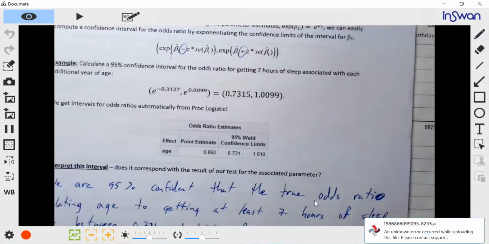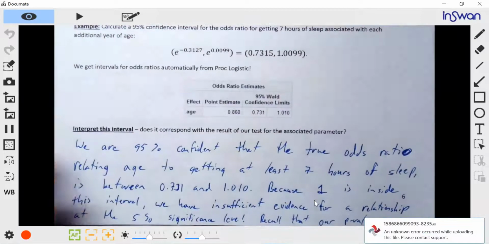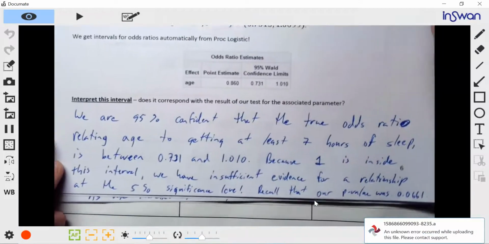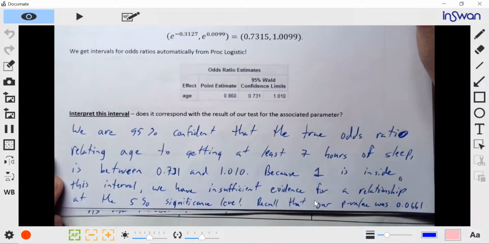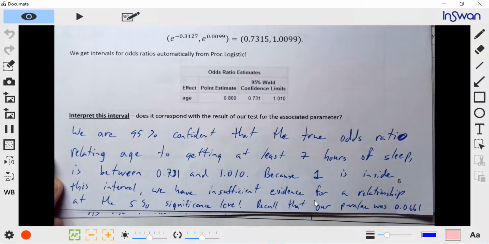And so our confidence interval relates directly to our p-value. So the p-value is not significant at the 5% level. The confidence interval for the odds ratio includes 1, just barely. The p-value is just barely above 0.05, so those correspond.